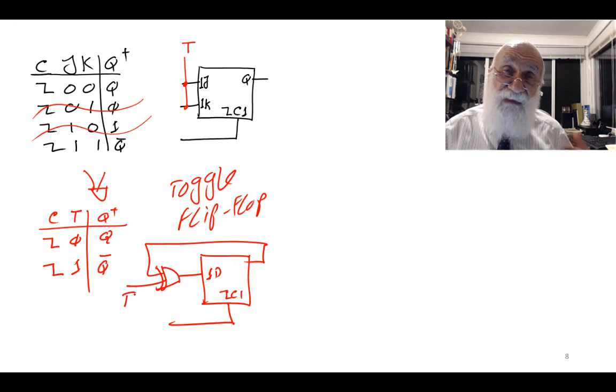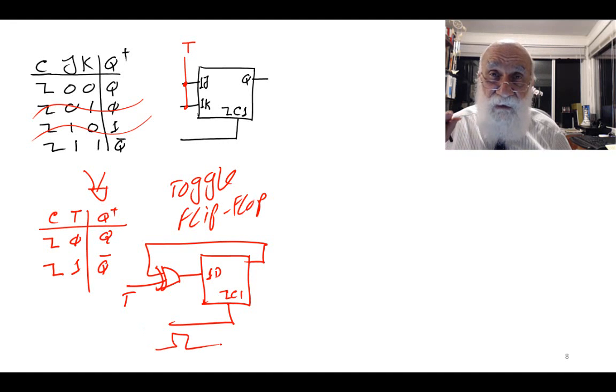If T is 0, the XOR is just taking Q and feeding it back in. But if T is 1, it means that with each clock you are toggling it. By the way, a toggle flip-flop is a 1-bit counter. Okay, we will get to that later on.